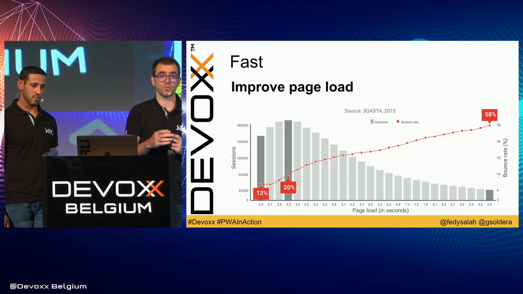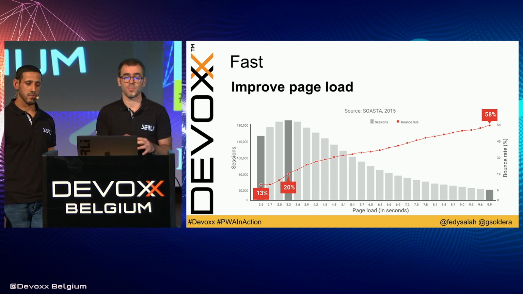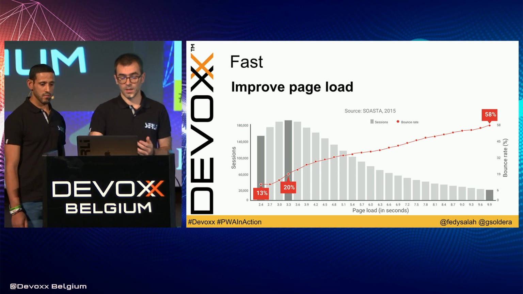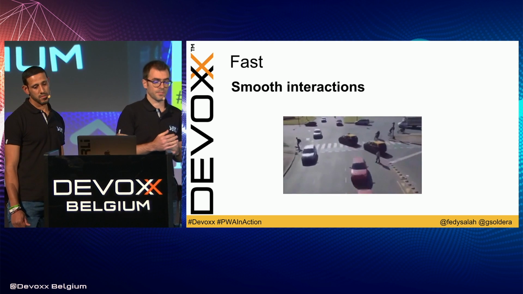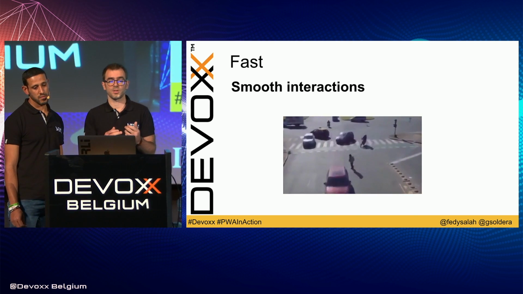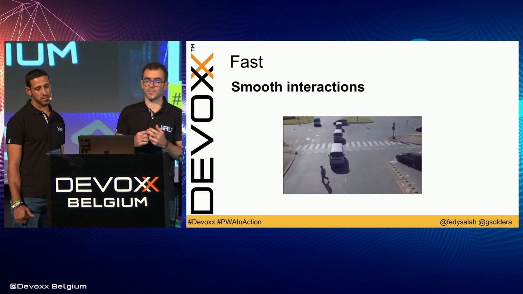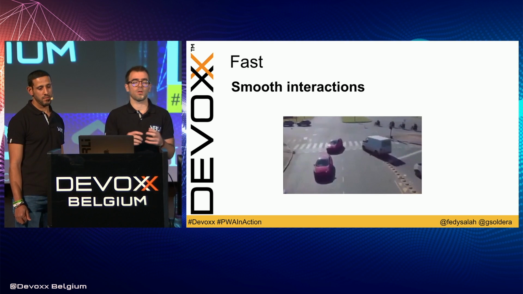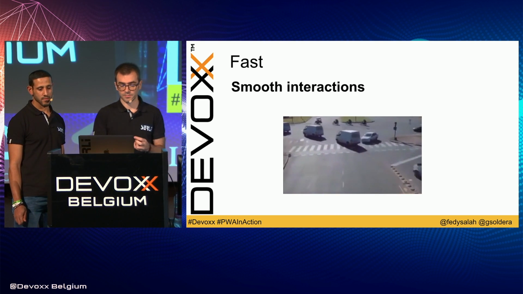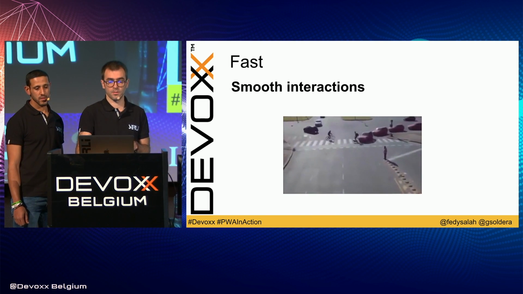So if you want your users to stay on your app, improve your page load. But fastness is not only the page load. It's about user interaction too. Try to have smooth interaction and avoid a janky scroll or a frozen screen or something like that. Nobody likes that.